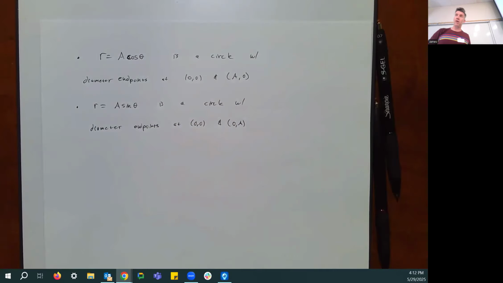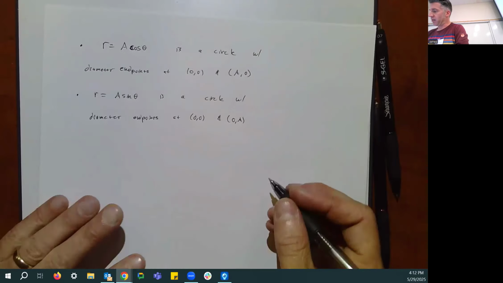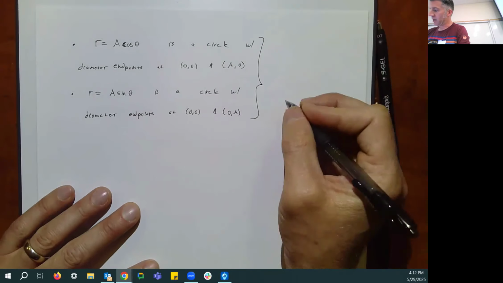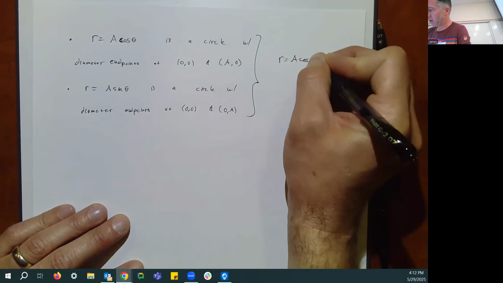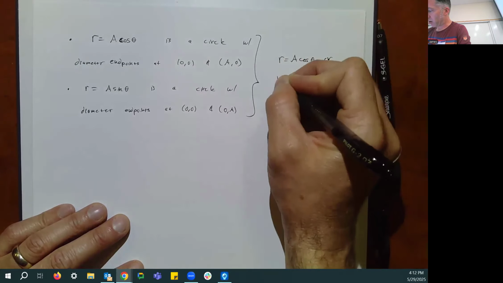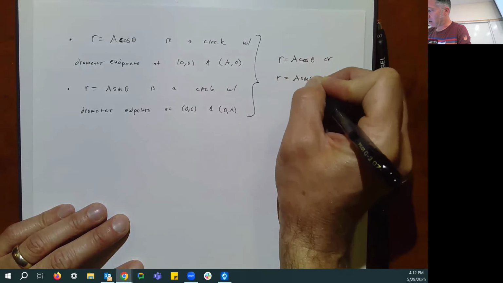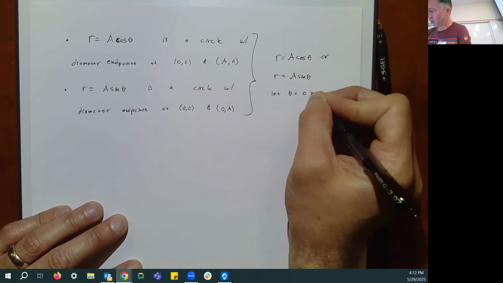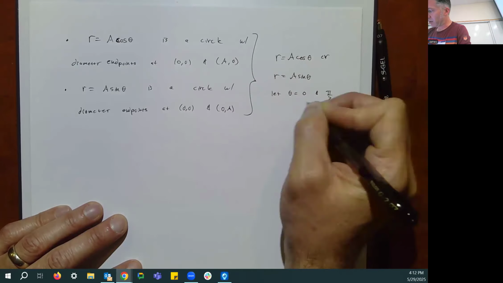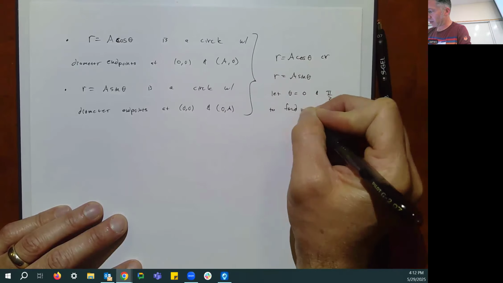If a is negative, it's below. And more generally for both of these, if you're graphing r equal to a cosine theta or r equal to a sine theta, all you have to do is let theta equal 0 and pi over 2 to find those diameter endpoints.